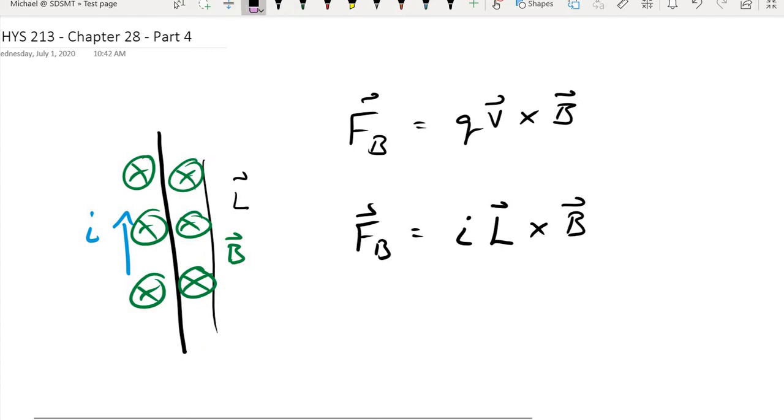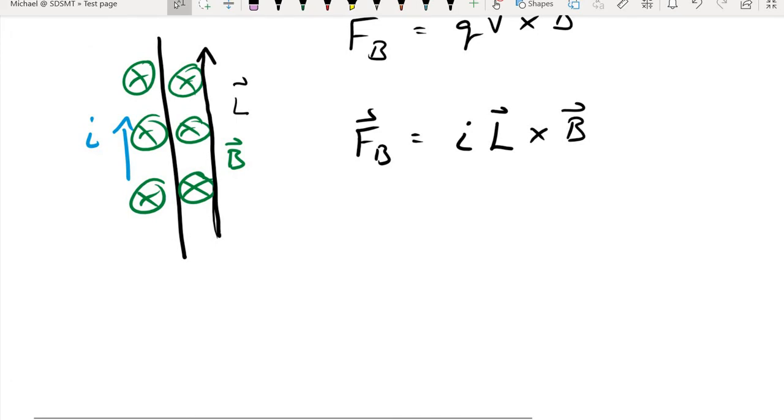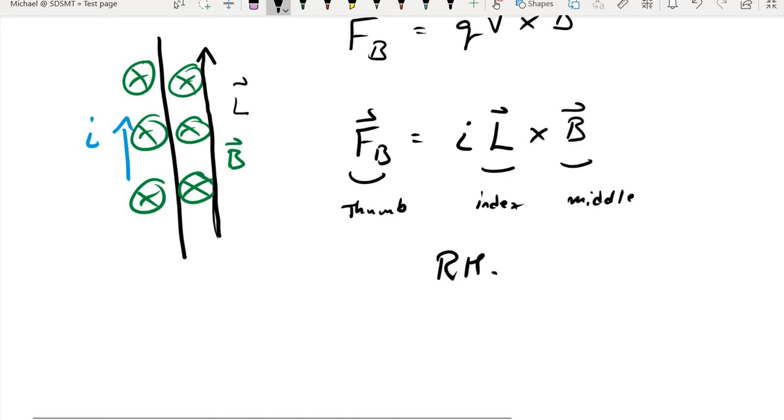So that is the direction of our displacement vector L. And then we can apply our cross product method, where the first vector is the index finger, second vector is the middle finger, and thumb, all of your right hand, will indicate that this wire will have a force acting on it, which points to the left.